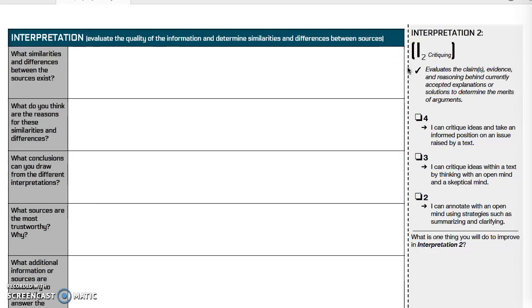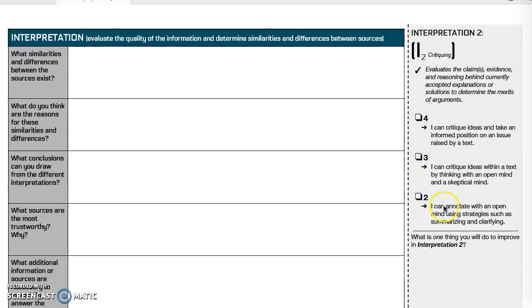So what that basically means is you're able to think critically about the evidence that an author provides, whether that evidence is reliable, whether the claim that an author gives is also reliable or trustworthy, and that basically leads you to determine whether that source is something that you should use or something that you should cite in your final product.